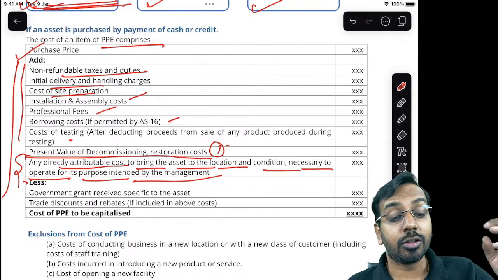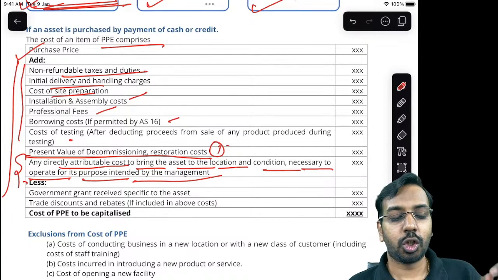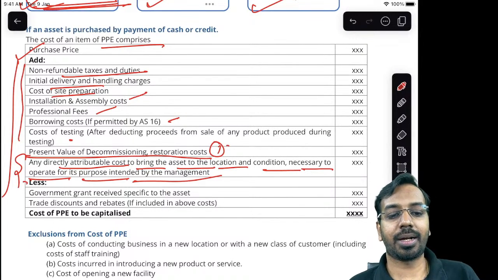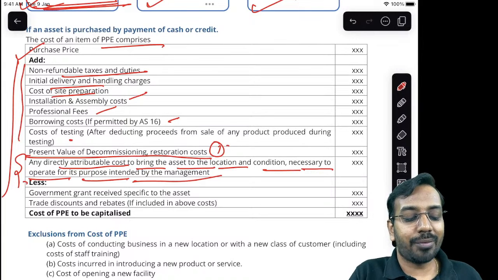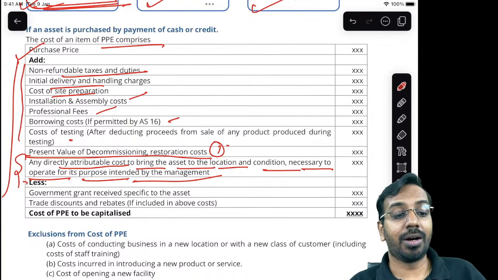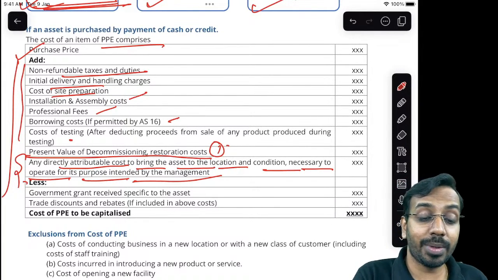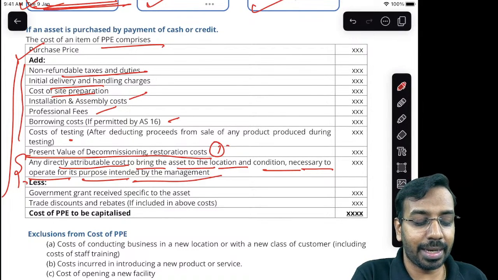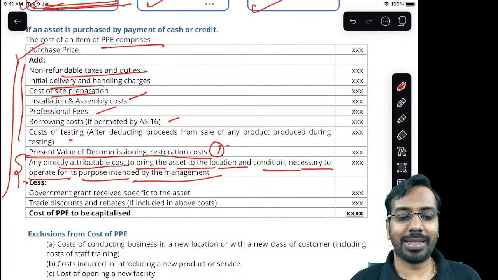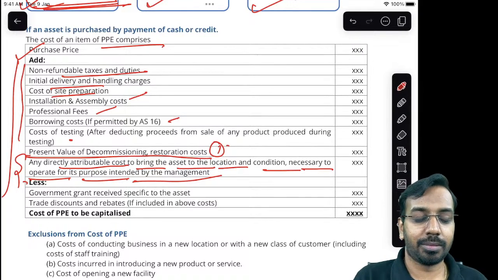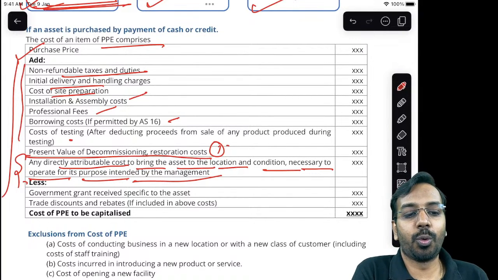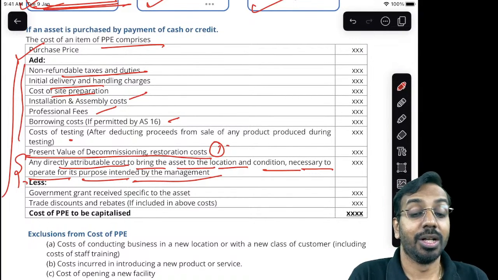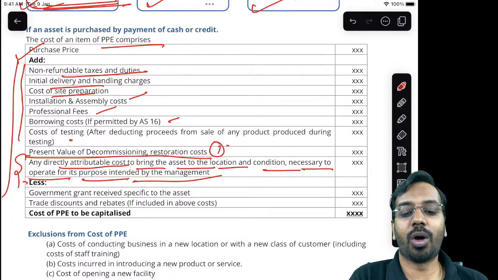But please remember, the cost has to be incurred to bring the asset to its current condition and location. Now, if I have incurred some cost which does not help me to bring the item to its current condition and location, for example, an opening ceremony, that is not required to bring the asset to its current condition and location. So opening ceremony related cost you will not capitalize.